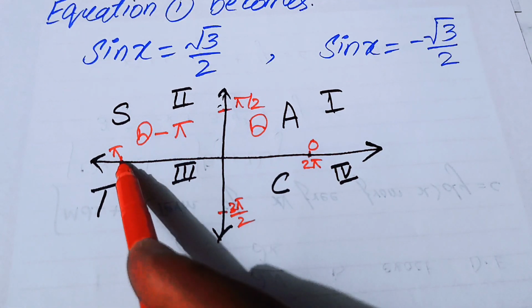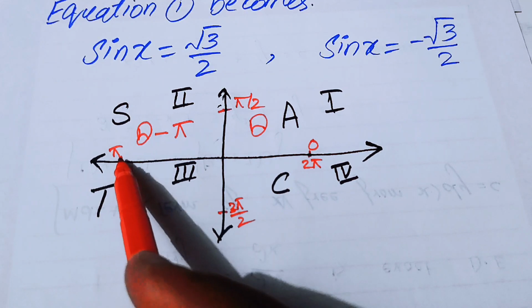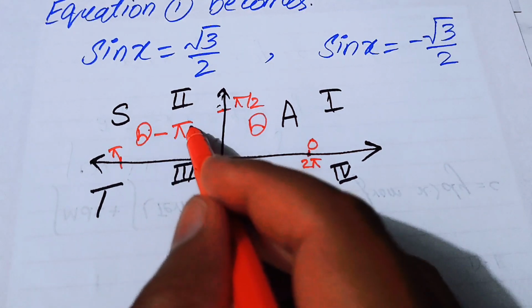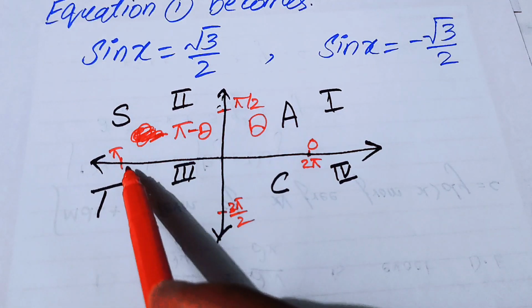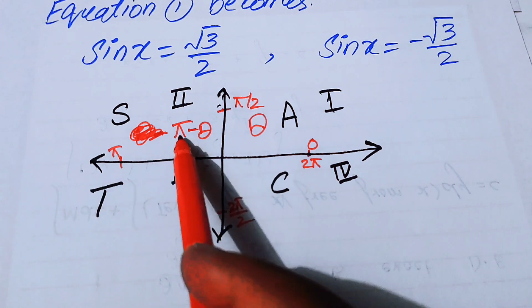Sorry, the angle is pi minus theta, not theta minus pi. When you decrease from pi, you get pi minus theta.